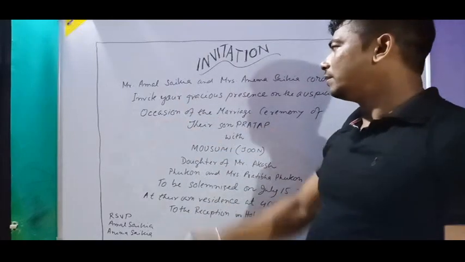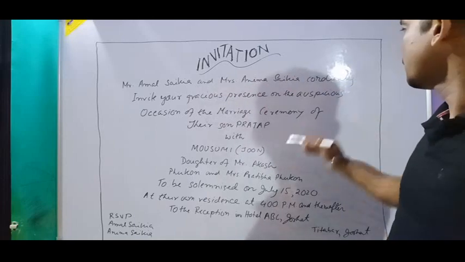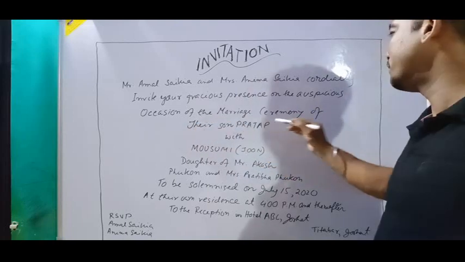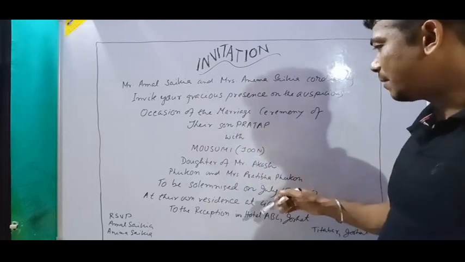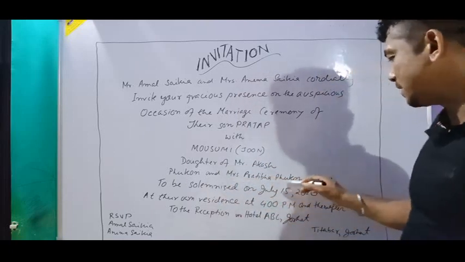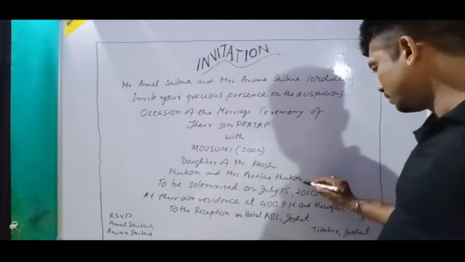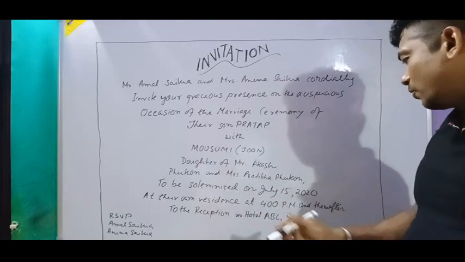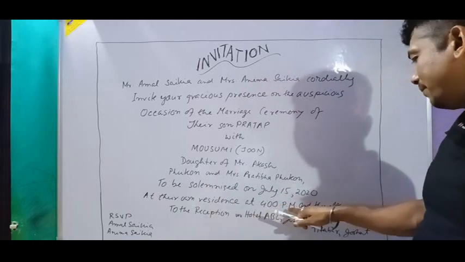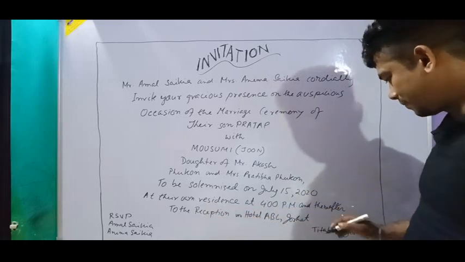Then I am writing Mr. Amal Saikia and Mrs. Anima Saikia cordially invite your gracious presence on the auspicious occasion of the marriage ceremony of their dear son Pratap with Mousumi Phukan, daughter of Mr. Akash Phukan and Mrs. Pratibha Phukan. To be solemnized, you can put one comma also, on July 15, 2020 at your own residence at 4 p.m. and thereafter to the reception in Hotel ABC, Jorhat.